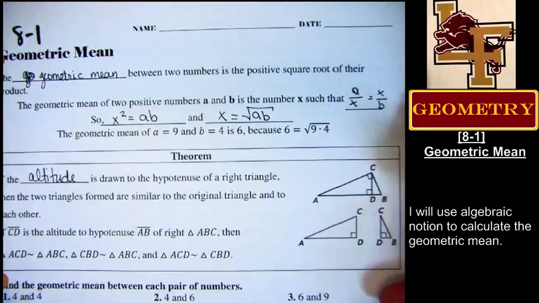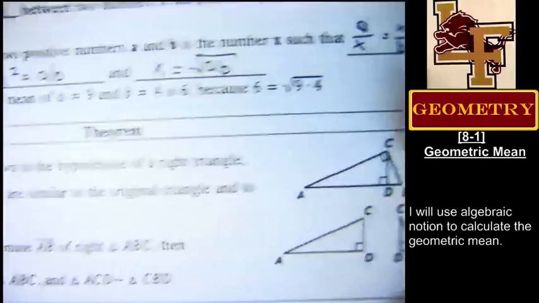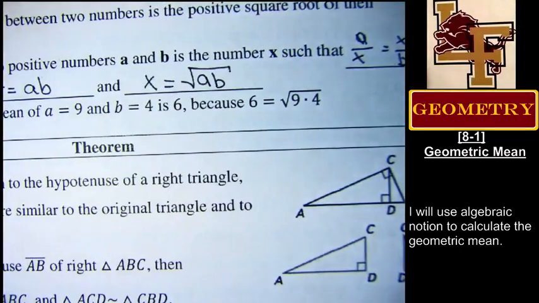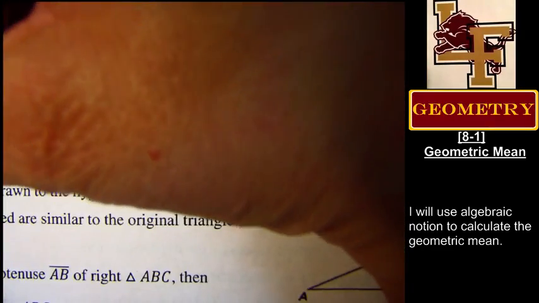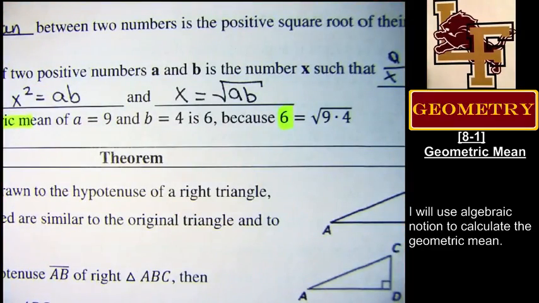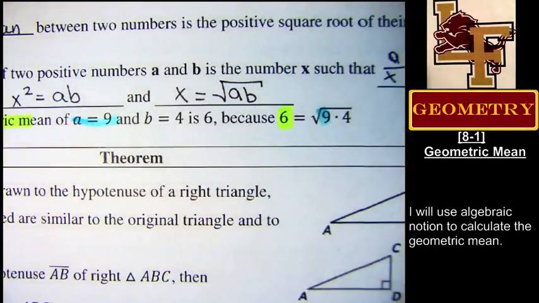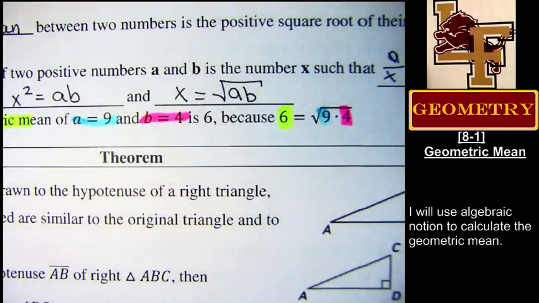The geometric mean between two numbers is the square root of whatever you get when you multiply them. So the geometric mean of two numbers, we'll call them A and B, is whatever we get when we multiply A and B and then take the square root.